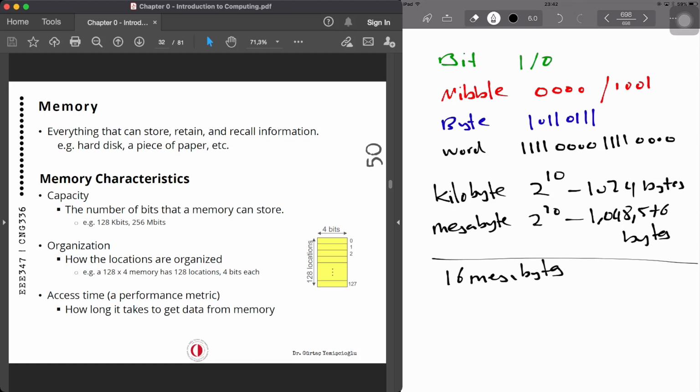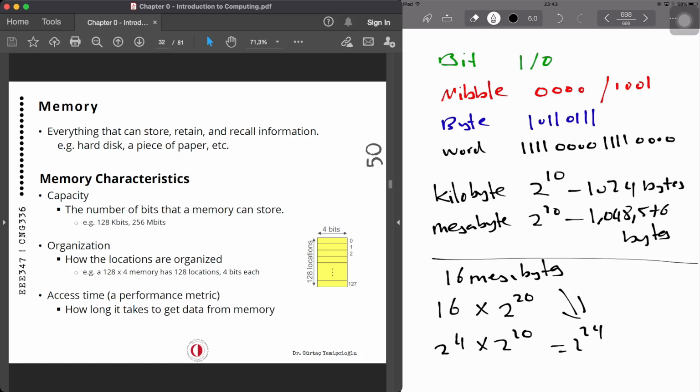So what is 16 megabytes of memory? 16 times a megabyte, which is 2 to the power 20. Or we can say 16 is 2 to the power 4, times 2 to the power 20, which is 2 to the power 24. So 16 megabytes equals 2 to the power 24. We are always trying to represent them in powers of 2.